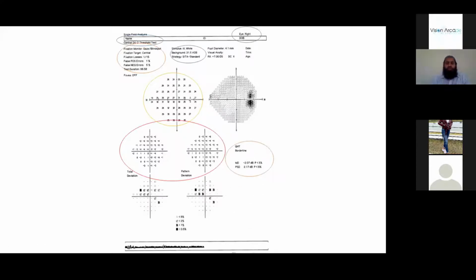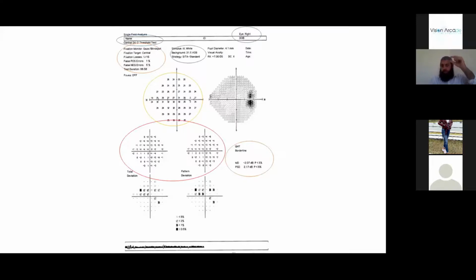On the right side, you've got GHT. This is the glaucoma hemifield test. What that does is basically, this has 5 points on the vertical plane, on the horizontal midline. On the top of the visual field plot, it tests 5 various points, and then it does a mirror test on the opposite side.